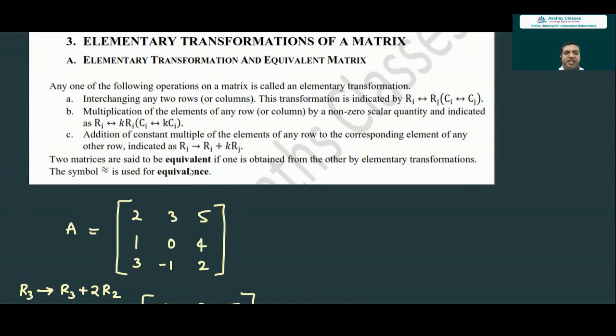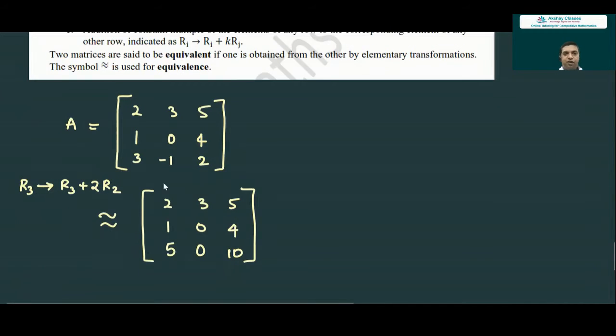Two matrices are said to be equivalent if one is obtained from the other by elementary transformations. The double tilde symbol is used for equivalence. So this matrix and this matrix are equivalent matrices.